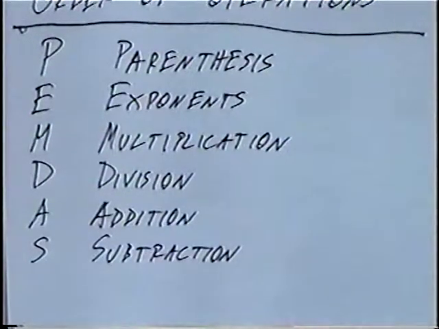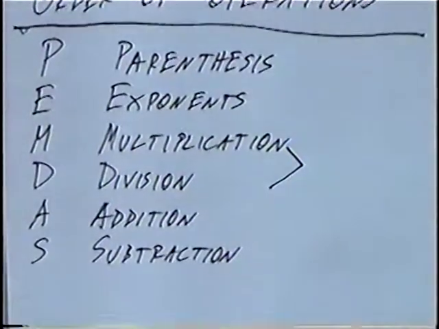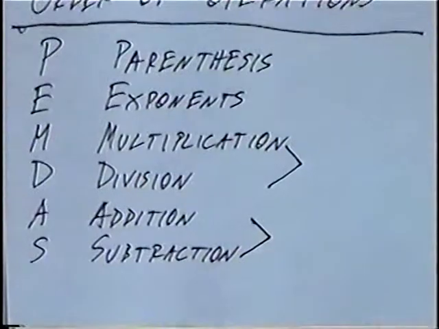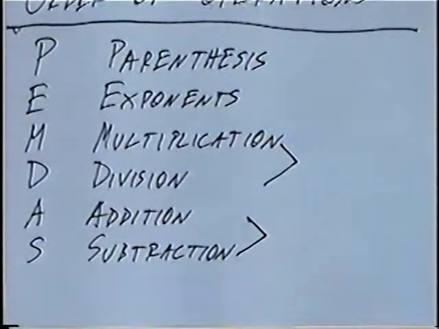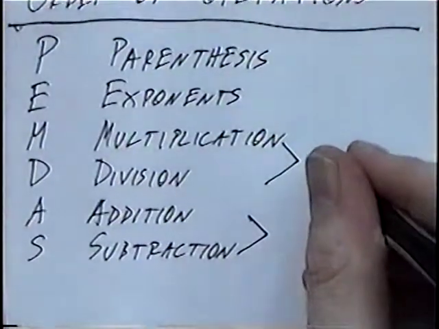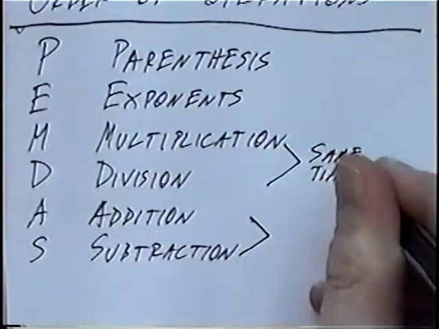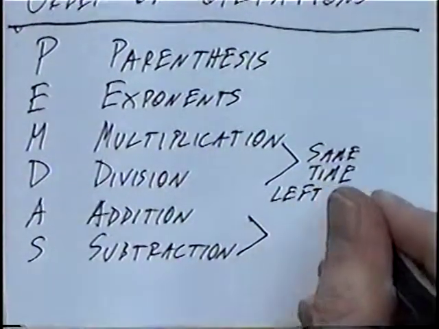One extra step on PEMDAS and something to keep in mind. Multiplication and division will be paired together, and also addition and subtraction will be paired together. What that means is we will multiply and divide at the same time, and we will go from left to right.